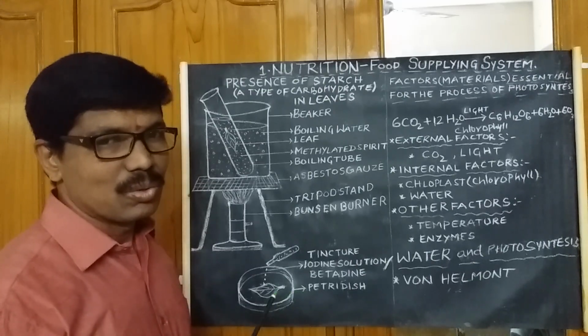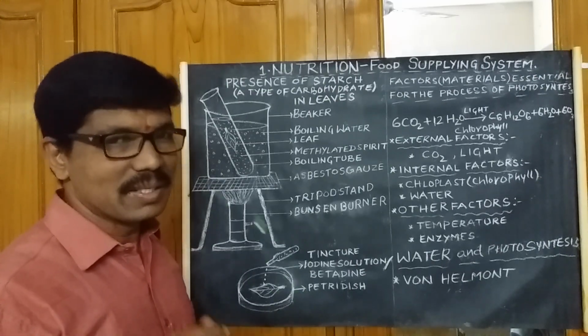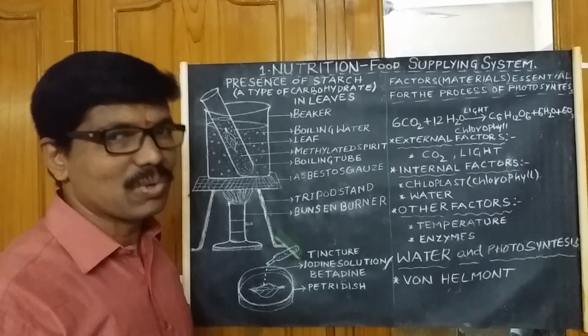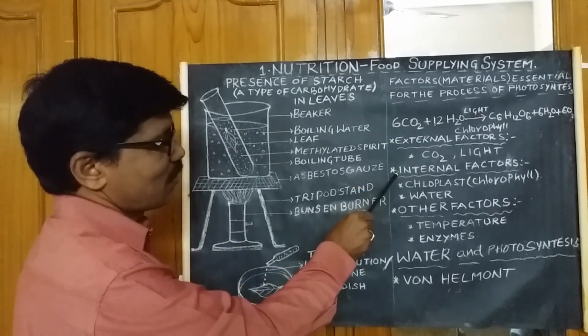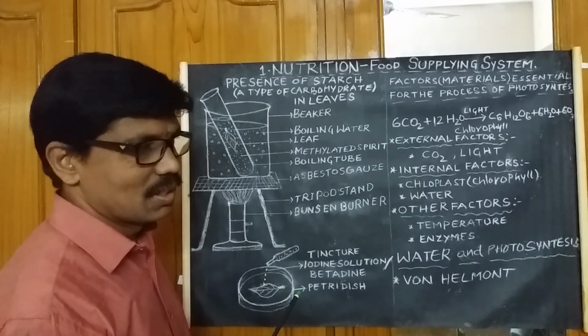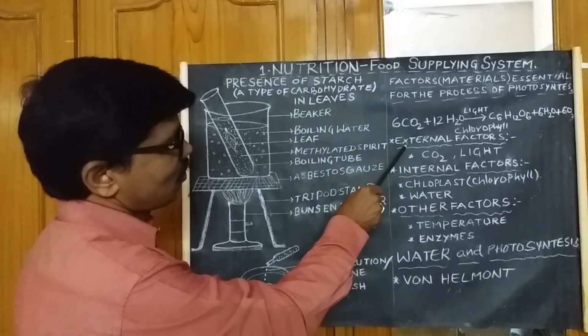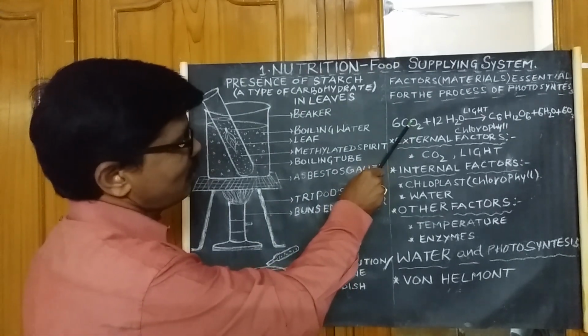There are two types of factors essential for the process of photosynthesis: external factors and internal factors. External factors are carbon dioxide and light.